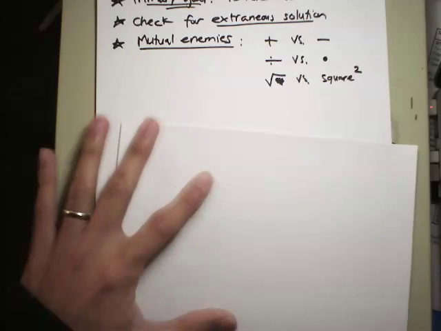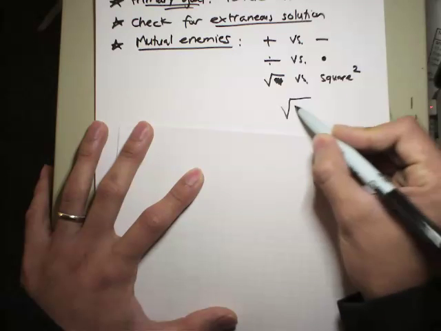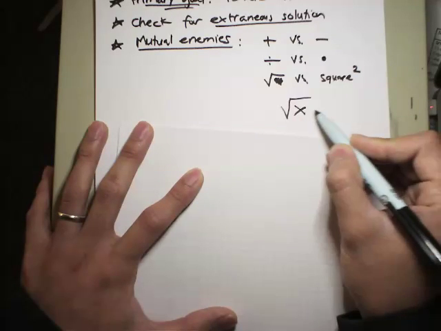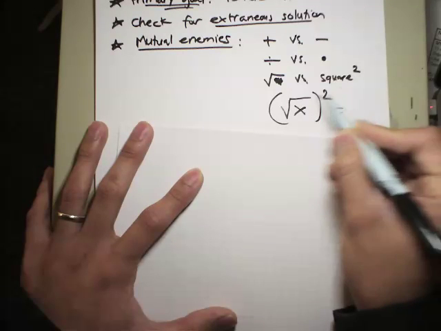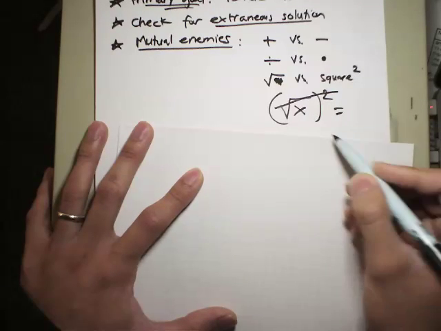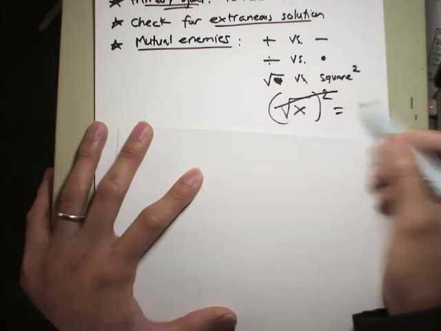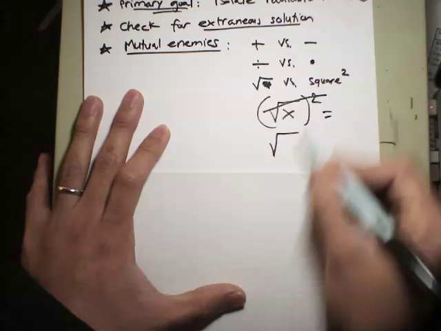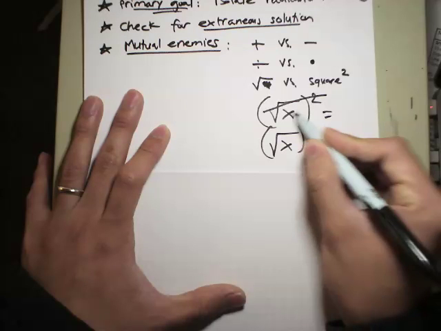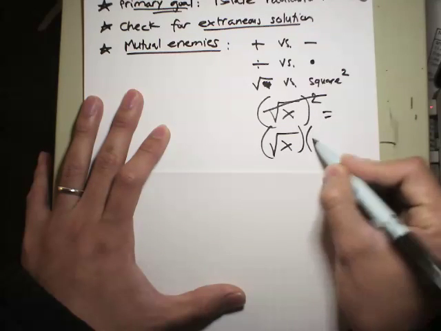For instance, if I say the square root of x and I want to get rid of the square root sign, all I have to do is square it, and naturally it will cancel the square root sign and the square out. And the reason for doing that is because, of course, if you actually expand this, the square root of x squared means the square root of x times the square root of x.